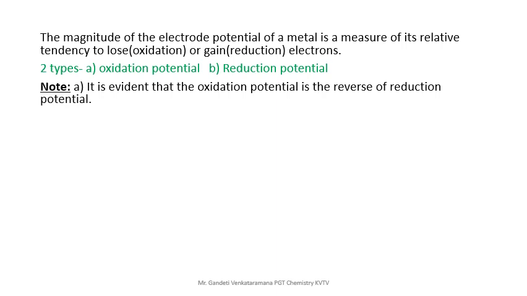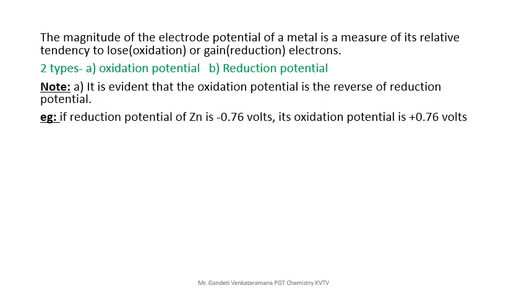You should memorize it. Clear? Example, if the reduction potential of zinc is -0.76 volts, what about the oxidation potential value? It is +0.76 volts. The magnitude is the same, but the sign is different.